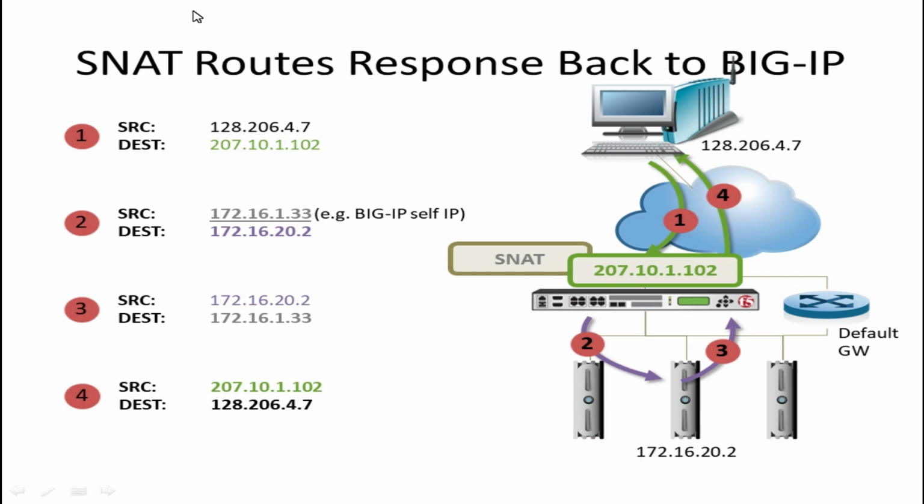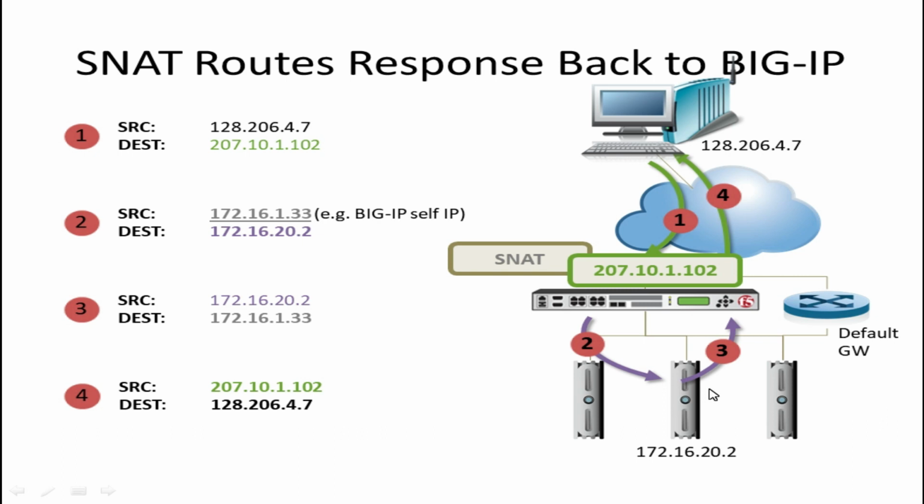Packet number 3 sends the traffic back to the BIG-IP, and the BIG-IP's responsibility is to change the source and destination IP back as they were. It converts the source into my VS, the virtual server you have defined, the VIP or listener, and the destination is my PC IP. That way your packet is no longer rejected and your application works as required.